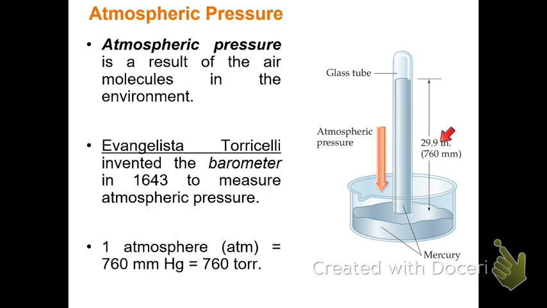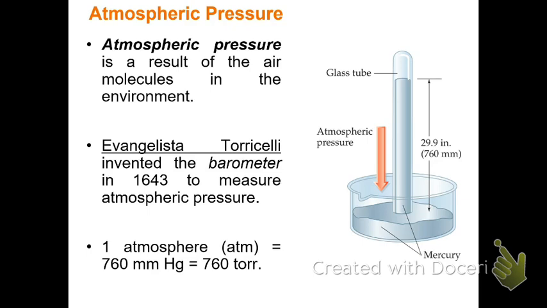This is 29.9 inches of mercury, and if you convert that to millimeters of mercury, it would be 760 millimeters of mercury. So again, atmospheric pressure pushes down onto this liquid mercury, causing it to rise up in the tube, and the height of the liquid mercury is the atmospheric pressure.